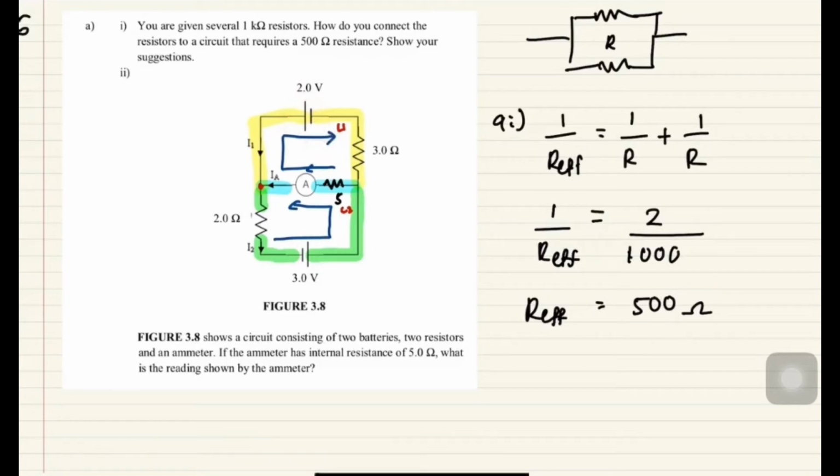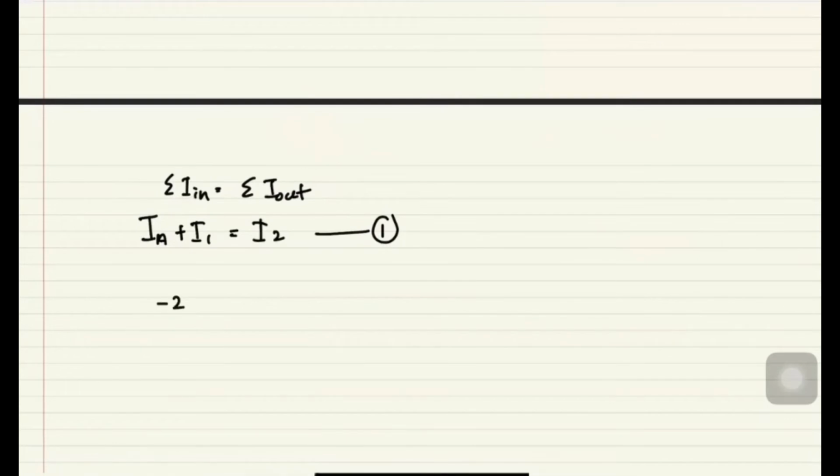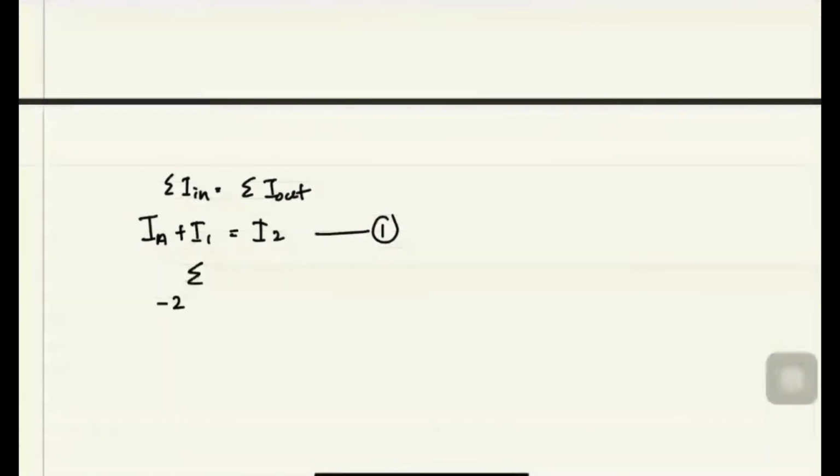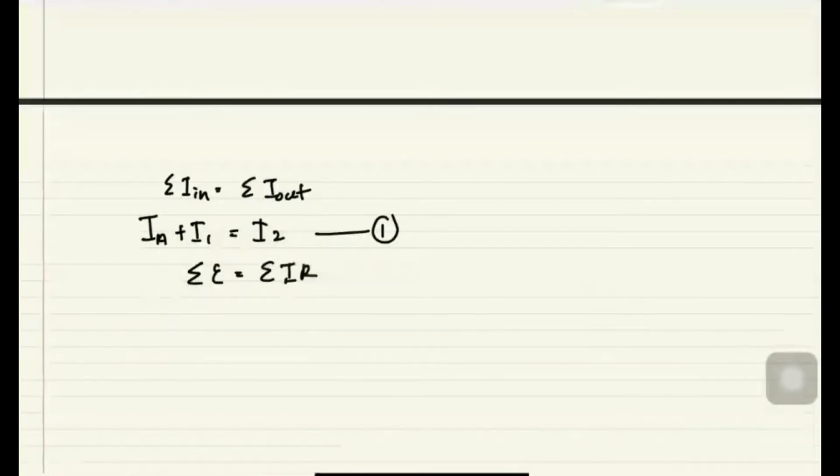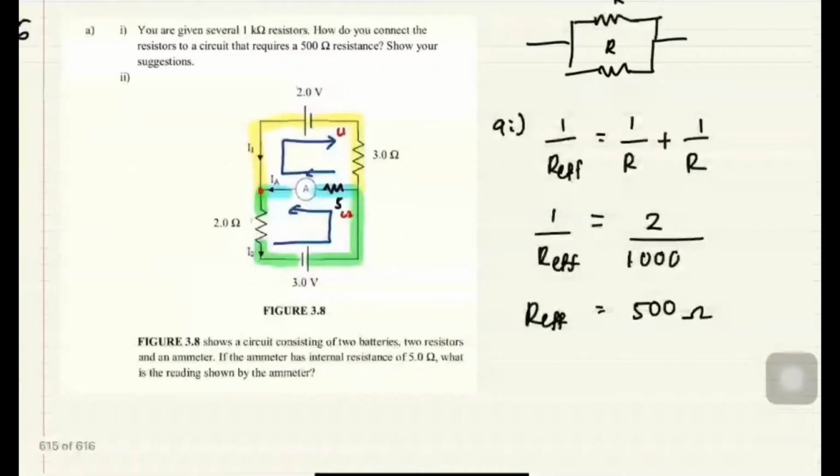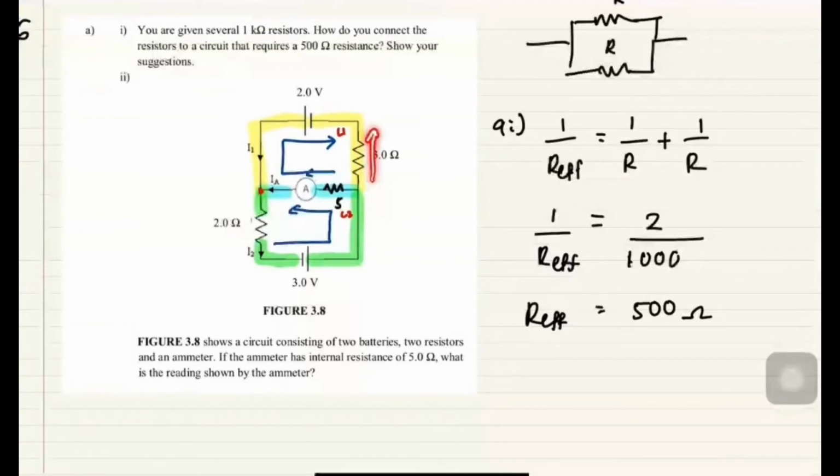Resistor 3 ni, current dia naik atas sebab ikut current yang I1, loop direction ke bawah.